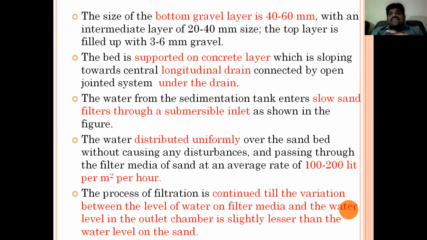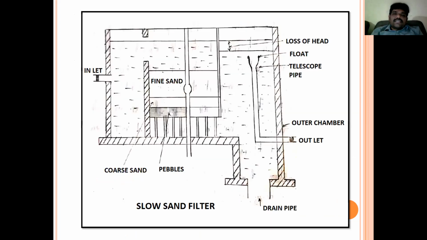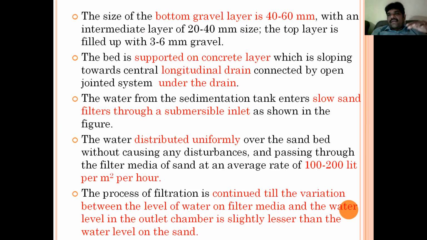Normally the bottom gravel layer is made up of 40 to 60 mm, the intermediate layer 20 to 40 mm, and the top layer is filled with 3 to 6 mm. The structure is fine sand, coarse sand, gravel, or else pebbles.